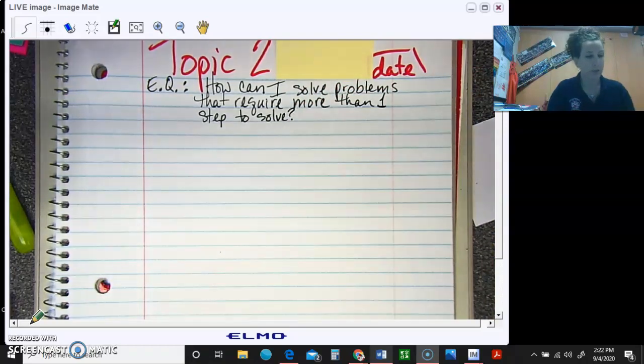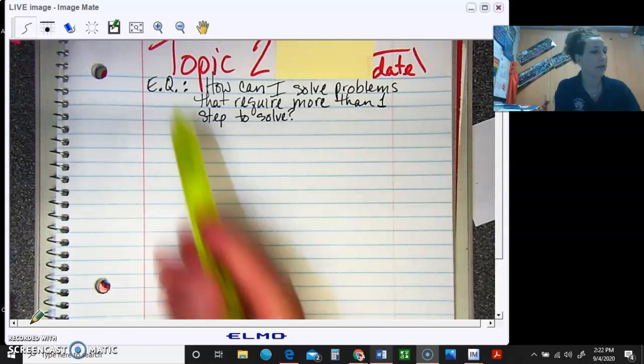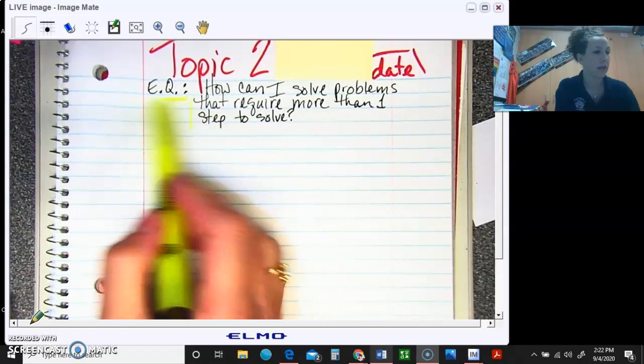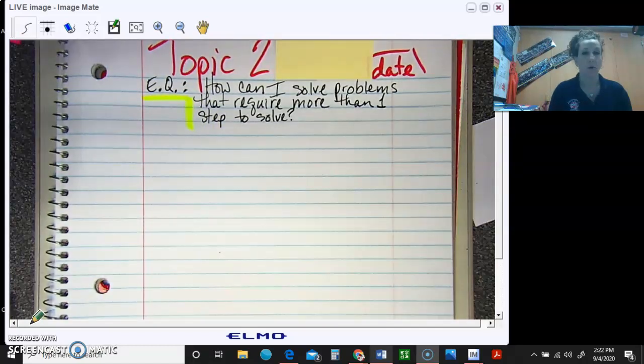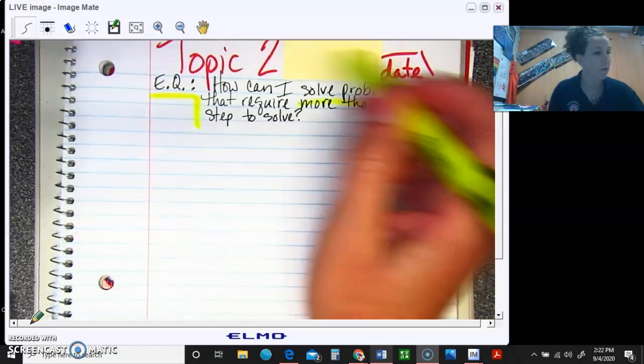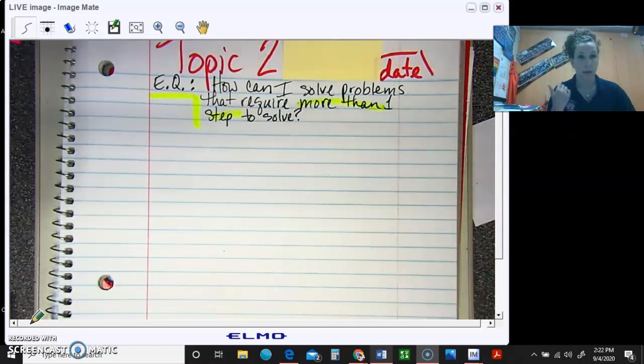Okay? So please remember you are writing it like I'm writing it. This is what's called a hanging indent. You don't write anything under the EQ. So keywords that we're looking at here, we're looking at more than one step. Okay, you've got to keep that in mind.